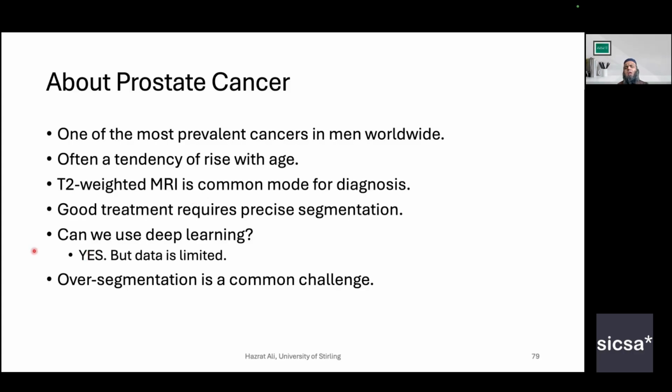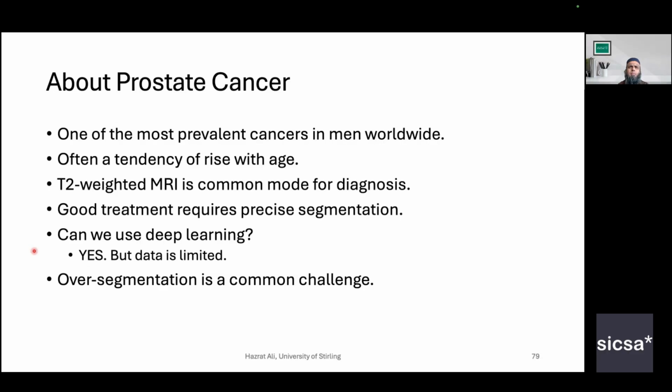So if someone has prostate cancer, what is the next stage in terms of treatment? The doctors would look for possibilities of radiotherapy or chemotherapy. But radiotherapy is a really sensitive treatment technique. You only want to treat the cancerous tissues.